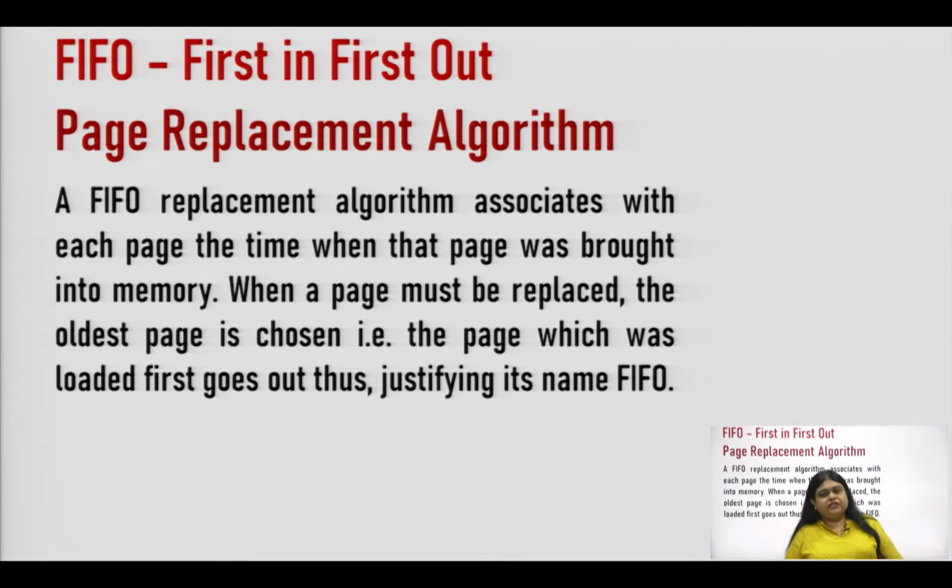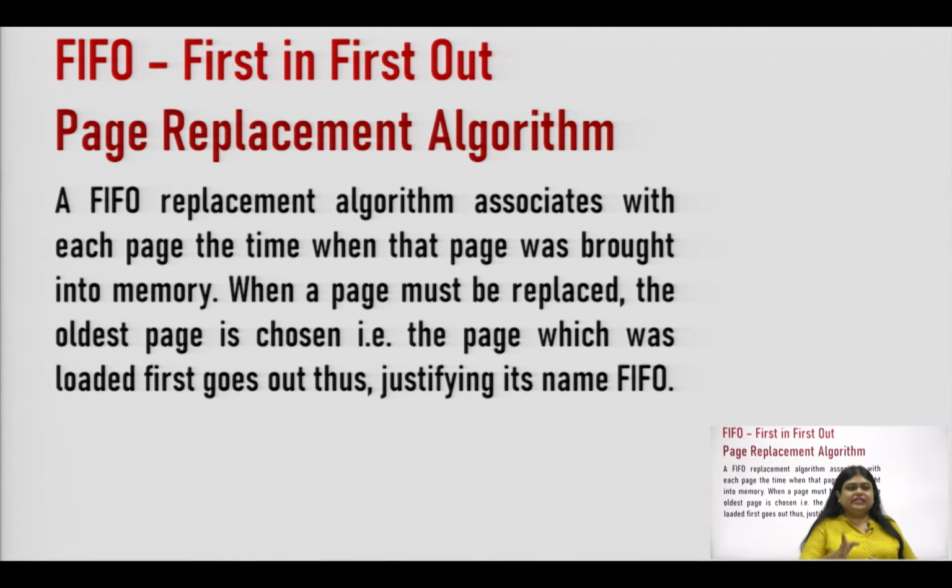So, in case of first in first out, what does the operating system do? It searches for the oldest page in the memory. So, the target page which is going to be removed from the main memory is going to be the oldest page.